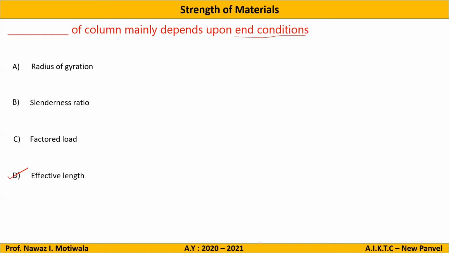If one is fixed and one pinned, it will be 0.7 L. And lastly, if one is free and one is fixed, it will be 2L. So what is dependent on end condition? This is nothing but effective length. So the answer will be effective length.